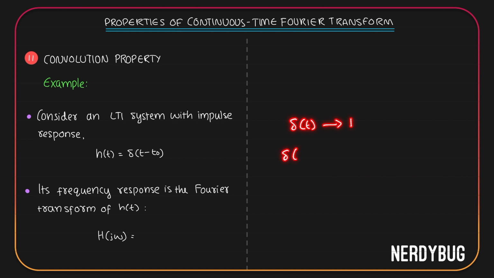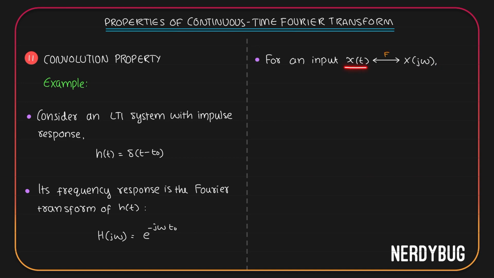What we want is the Fourier transform of delta of t minus t naught, which has a time shift. And from the time shifting property, we know it is going to be e raised to minus j omega t naught multiplied by the Fourier transform of delta of t, which is 1. So h of j omega here will be e raised to minus j omega t naught.